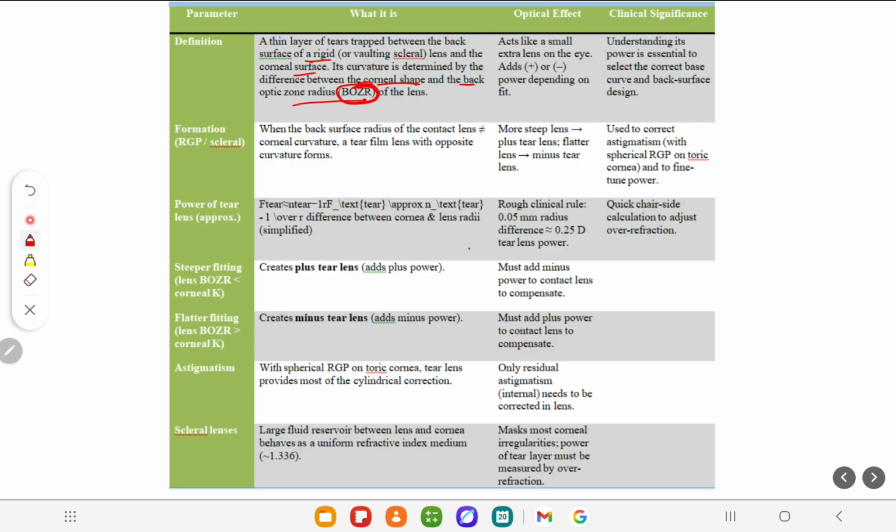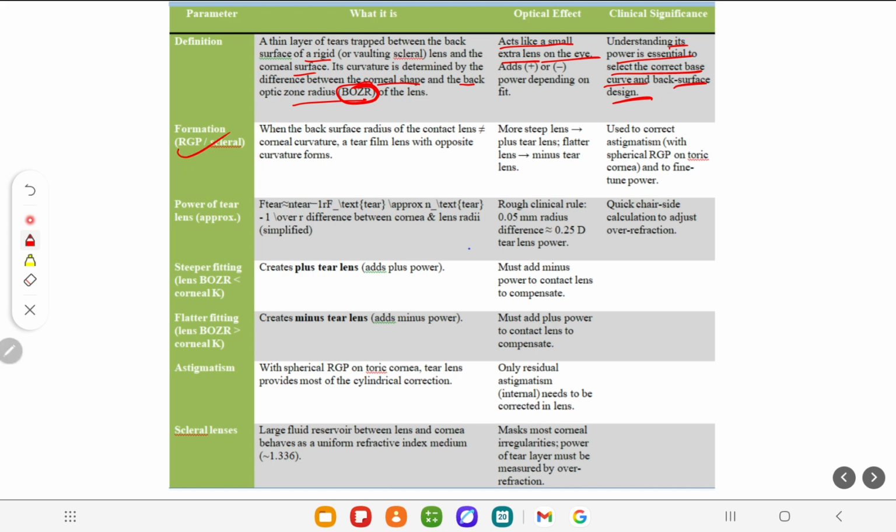The effect is that the tear lens acts like a small extra lens on the eye. What is the significance? Understanding its power is essential to select the correct base curve, and it also nullifies the front surface astigmatism.